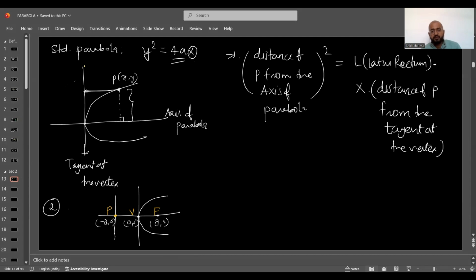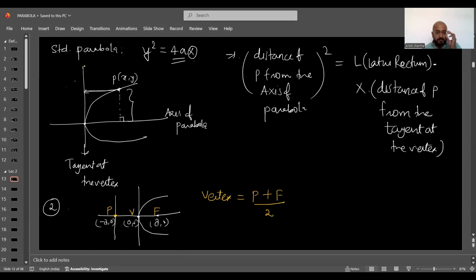If you see here, then the vertex is nothing but the midpoint of P and F, because the vertex is the midpoint of the focus and the foot of the directrix on the x-axis. This is also a very important point.